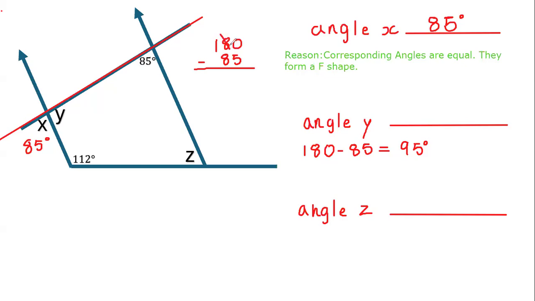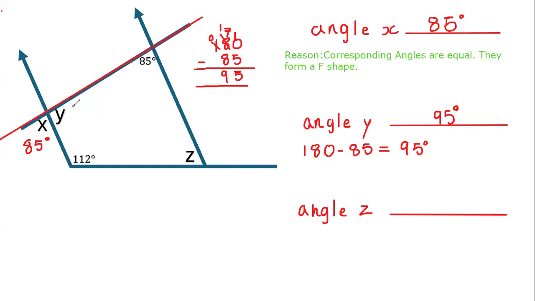So that's going to be 10. 10 minus 5 is 5. 7 minus 8, we can't do that, so this is gonna be 0 and this is gonna be 17. 17 minus 8 is 9. This is 95. So the answer is 95 degrees.